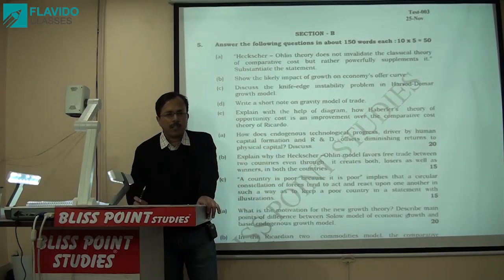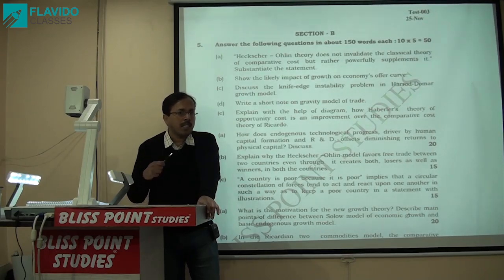HO theory explains that. In what sense does it explain it? It says that since labor is abundant in India, therefore if you produce a labor intensive good, then its cost will be less in India because labor is abundant. So it gives some logic, reason for it. HO model is not refuting the Ricardian model. In what sense?